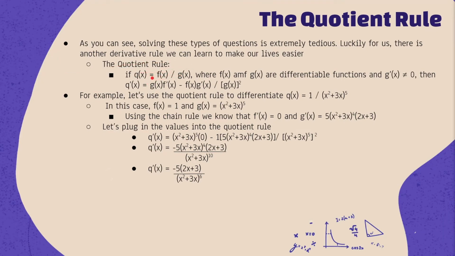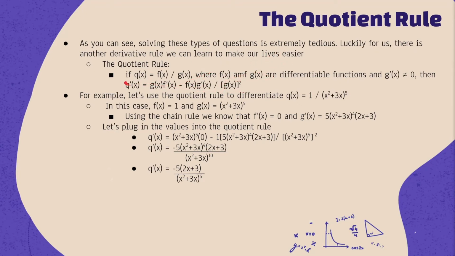And the quotient rule goes as the following. So if q of x is equal to the quotient of two different functions, where f of x and g of x are both differentiable functions, and g of x doesn't equal 0, because again you can't really divide by 0, then you would get this over here.